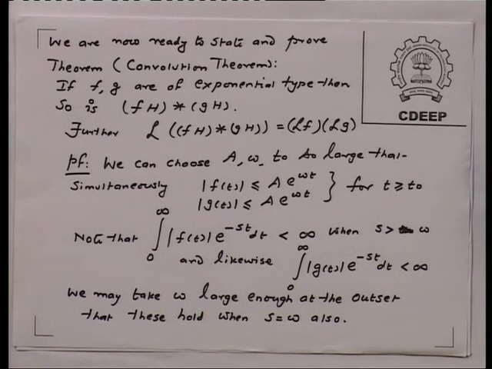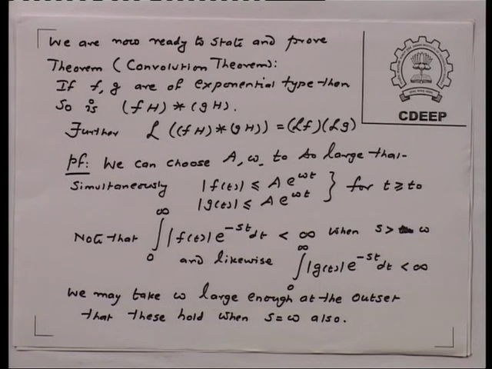So let us first apply the definition of exponential type. f and g are given to be functions of exponential type, right? Which means that f is dominated by a1 e to the power omega 1 t, g is dominated by a2 e to the power omega 2 t, the first for t bigger than or equal to t1, the next for t bigger than or equal to t2.